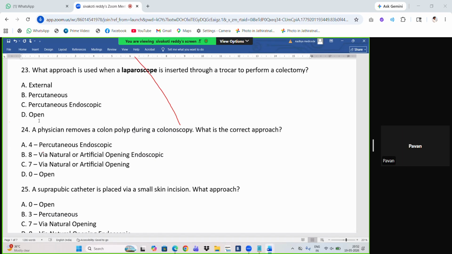Percutaneous endoscopy. C, right? Yes. 24th question. Via natural endoscopy. B. Yeah. Option B.